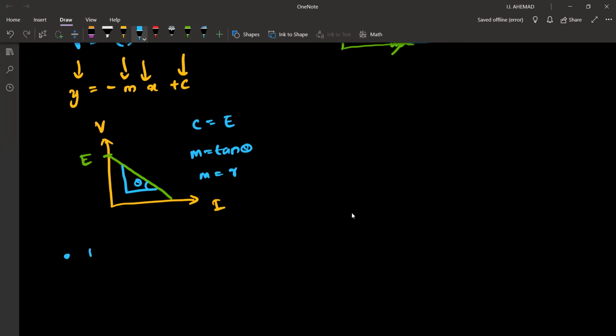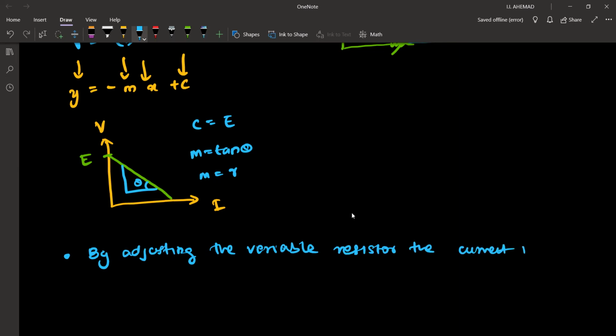Okay. So by adjusting the variable resistor, the current in the circuit can be changed.